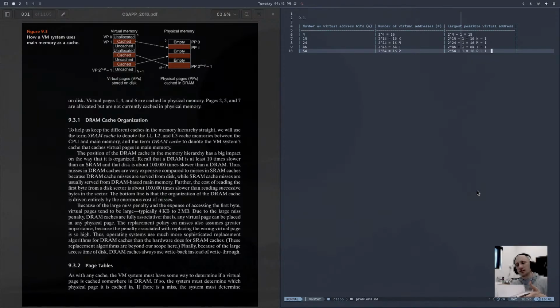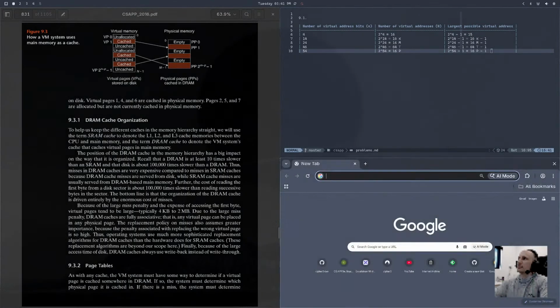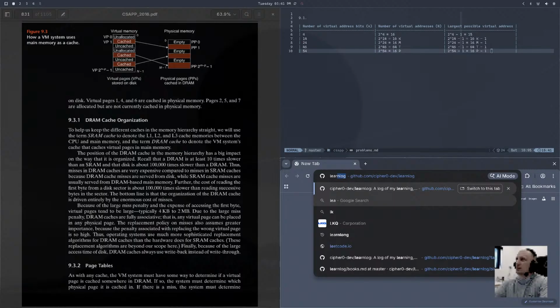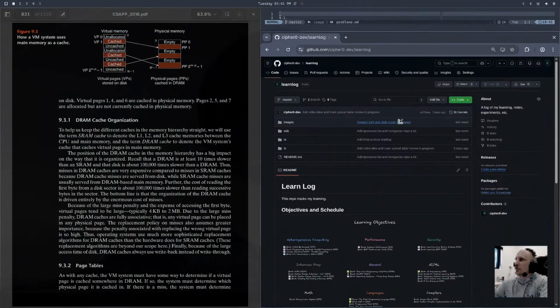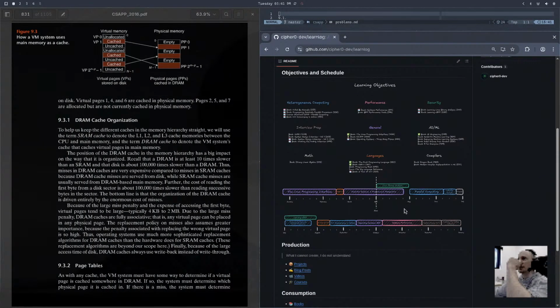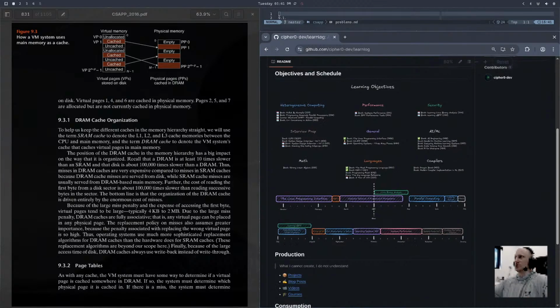The concurrency section, I also have a book upcoming on my Learn log. This might be new for you, but I created this repo called Learn log. I forget if you saw this or not, but I planned out all the stuff that I'm going to be doing for the rest of the year. So zoom in here a little bit.